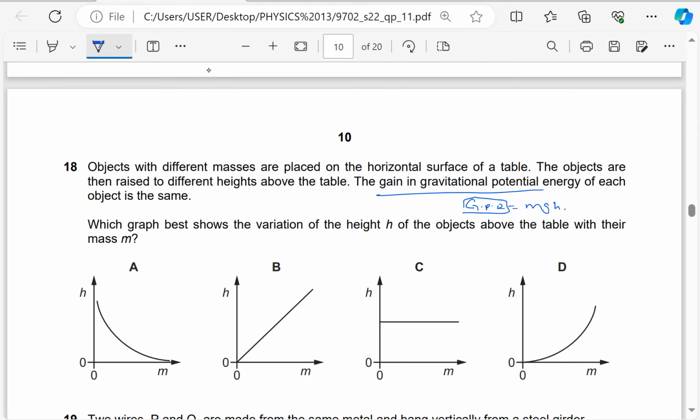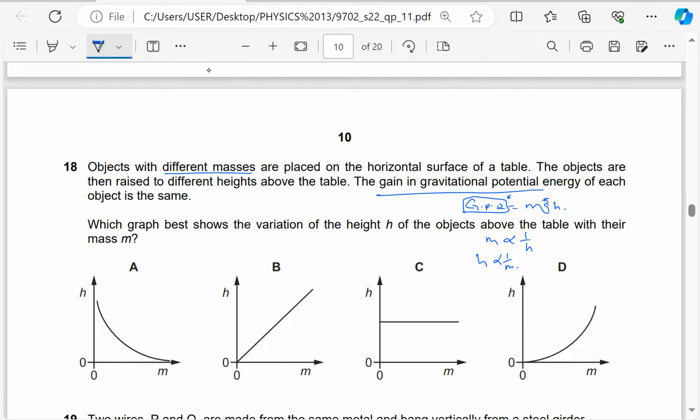This quantity is constant here. They have different masses, of course, but g is constant. So it means m is inversely proportional to h because gravitational potential energy is a constant and acceleration of free fall is a constant. So m should be inversely proportional to h, or h is inversely proportional to m.